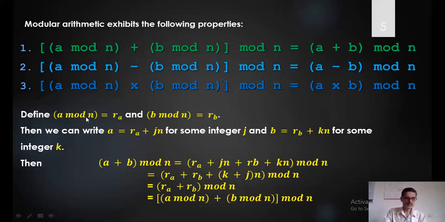Now see, A mod n here is nothing but the remainder. Let us consider that remainder as RA, whatever the answer we get from this operation. Similarly, let us consider the remainder of B mod n as RB.